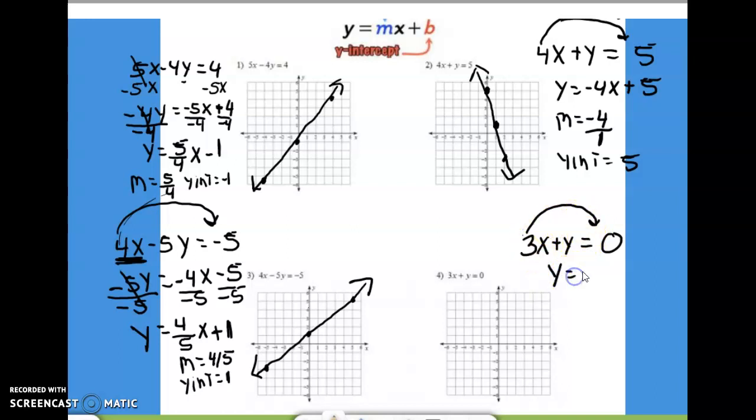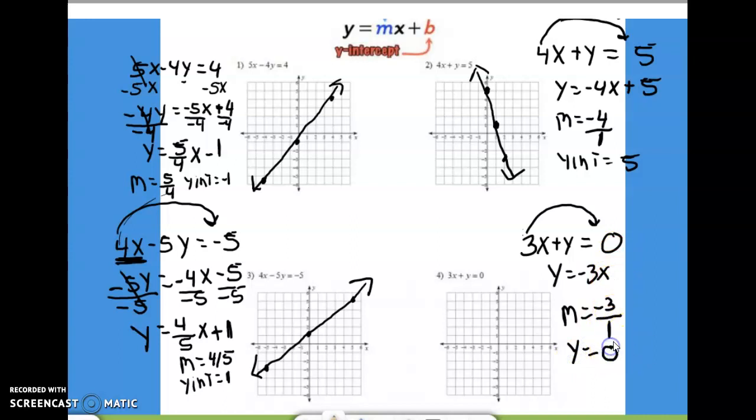Negative. Plus 0. Now you don't have to write the 0, because we know that that's going to be our y-intercept, right? So the slope, integer, so remember we're going to put a 1 under it, and the y-intercept is 0 or nothing.